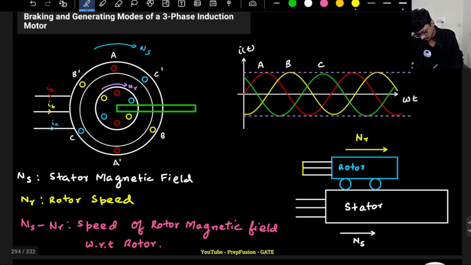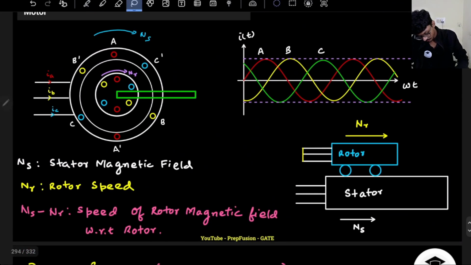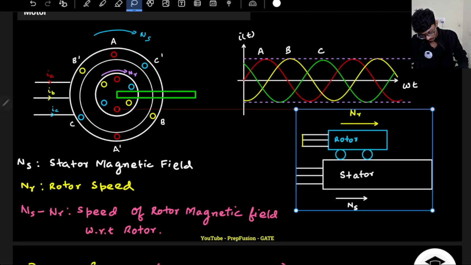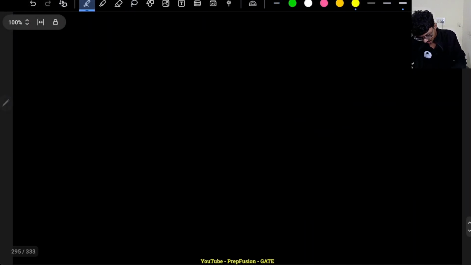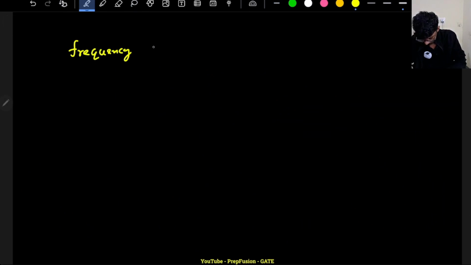So here if I write somewhere the frequency of the induced EMF, do you remember? How did it come? It came FR, that is rotor frequency, equals SF.